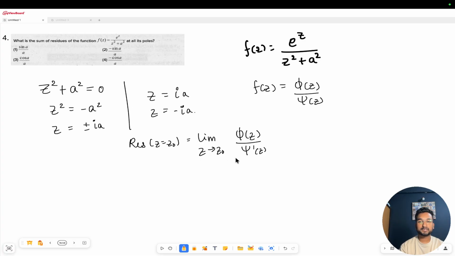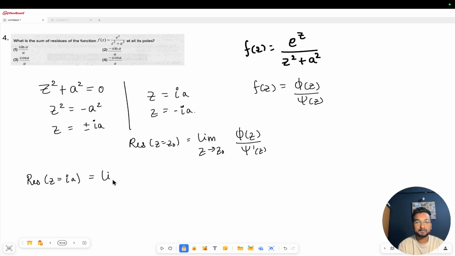So using this property we will try to find the residues. The sum will be the sum of residues at iota a and minus iota a. So first we have to calculate the residue at z equals iota a.